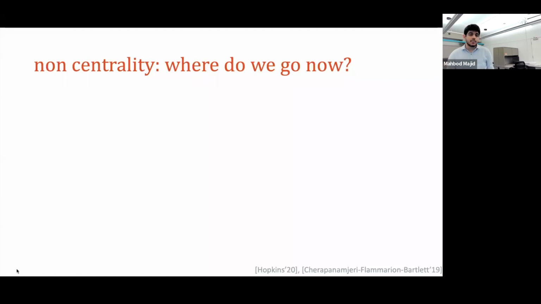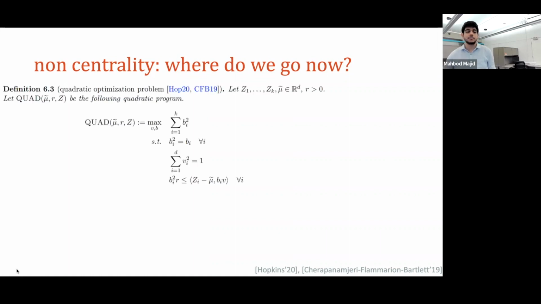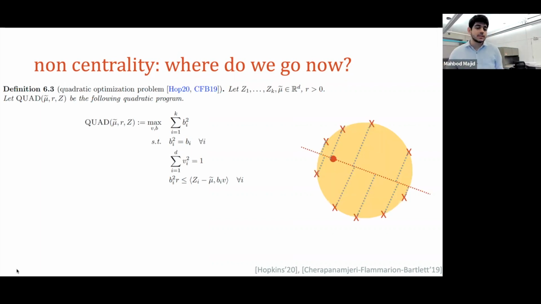Now suppose that you have some point mu tilde that is not central. How can we use this point? So let's say the red dot here: there exists some direction such that on that direction this point is not a median of means.